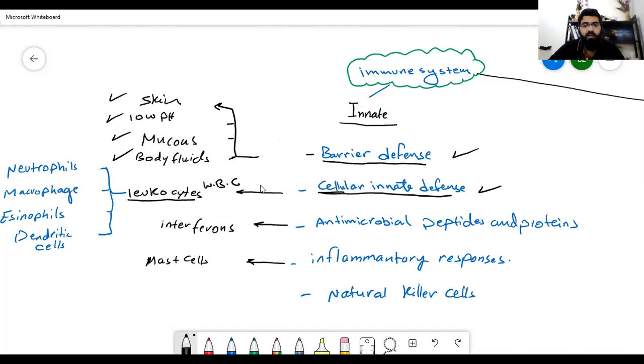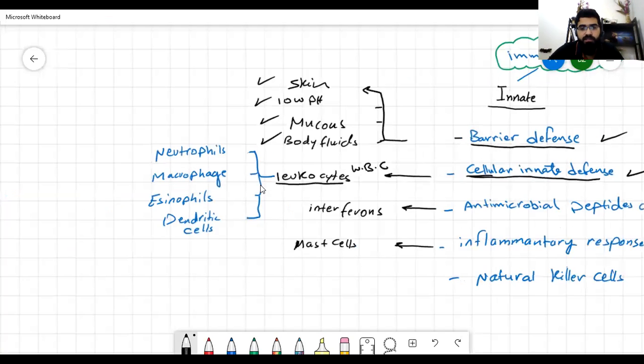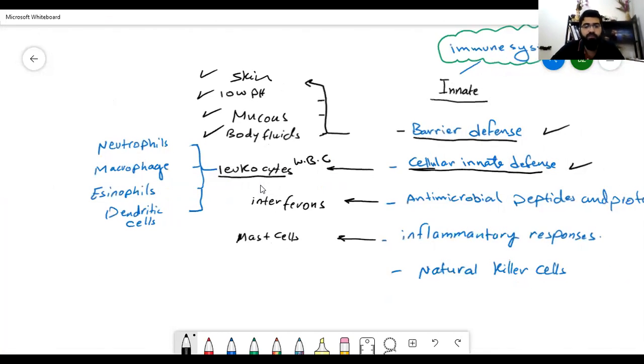We have different types of cellular leukocytes, such as neutrophils, macrophage, eosinophils, and dendritic cells. These four are different types of leukocytes or white blood cells.